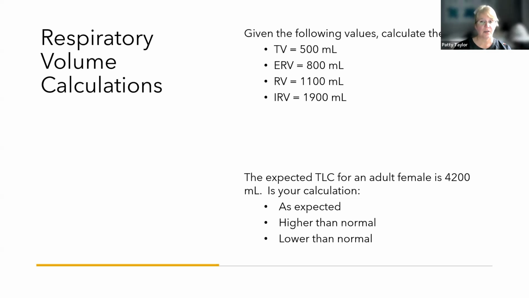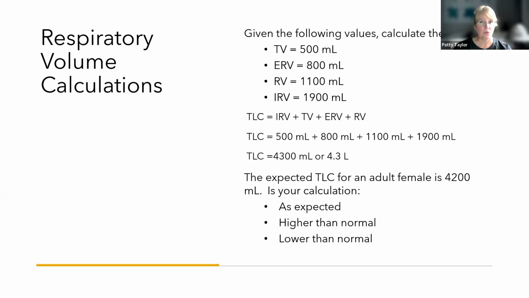So for instance, if an adult female's TLC is expected at 4,200 milliliters or 4.2 liters, then you might compare your value and determine, is your value as expected? Is it higher than normal? Is it lower than normal? So here's the calculation. We ended up getting 4,300 milliliters or 4.3 liters. So our calculation is higher than normal.